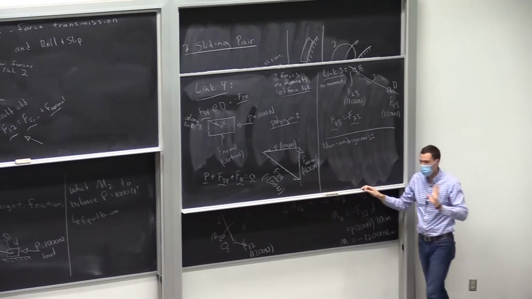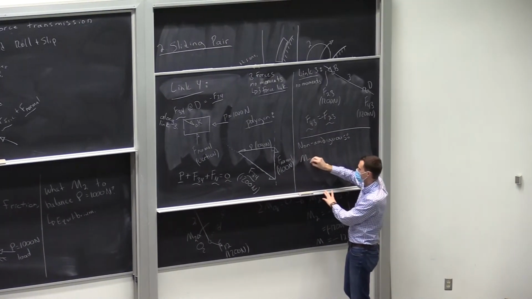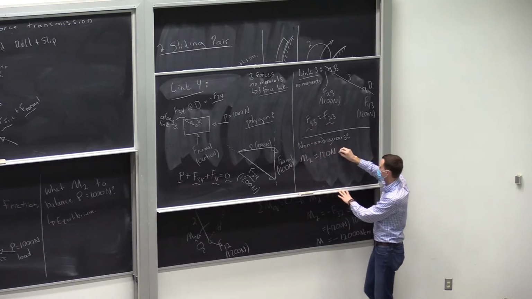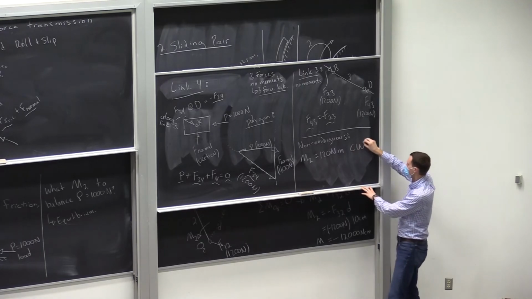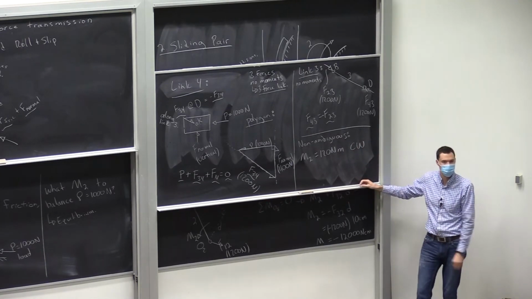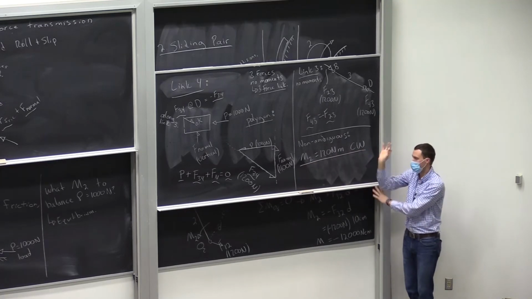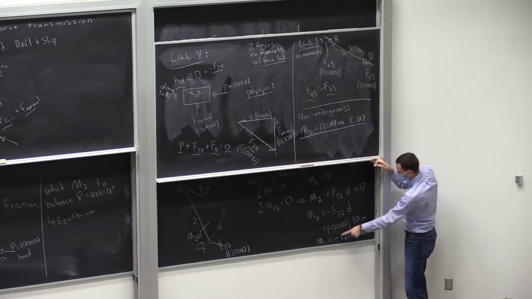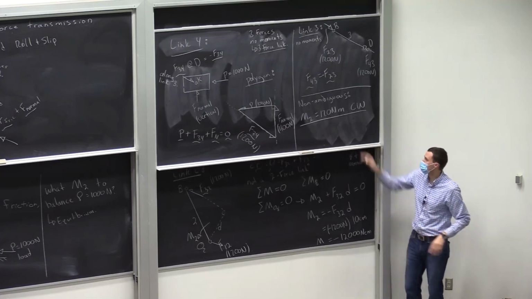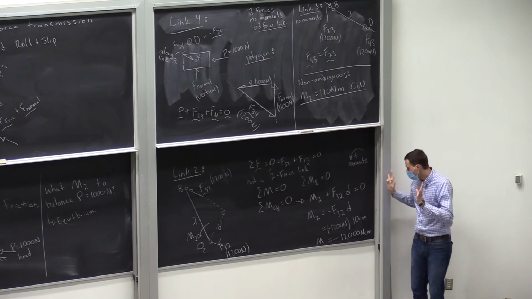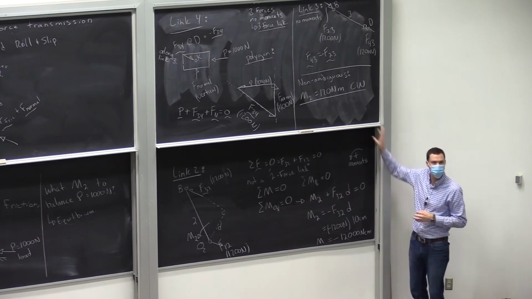To be really clear, report your moment as a positive number. So we got 120 Newton meters, and it's clockwise. There's no way to misinterpret that. It's positive, it's clockwise. It's the same thing as a negative counterclockwise. But this one is not ambiguous. With the other, some people may interpret it differently, and it's not as clear.